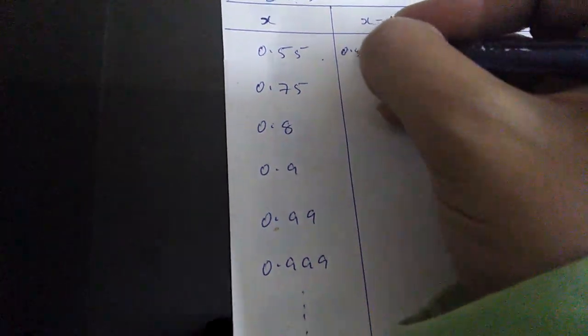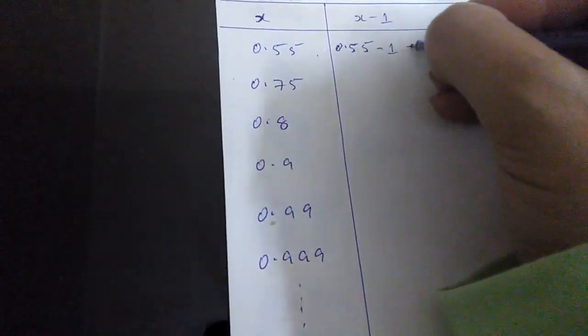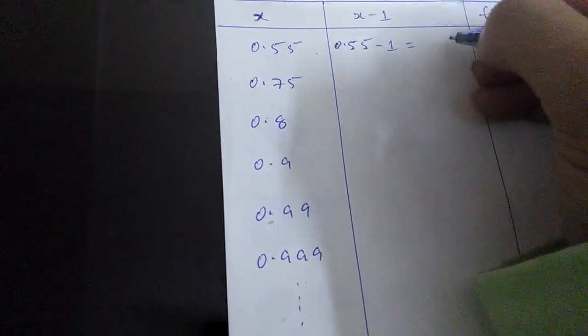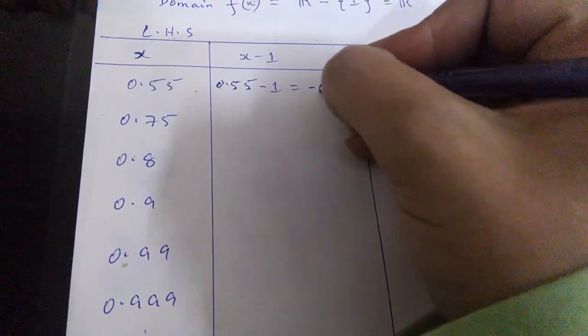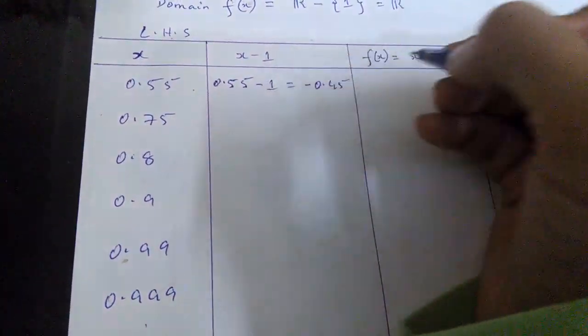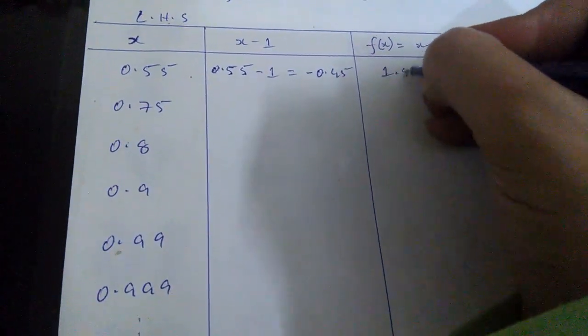So it's like that. So we take x minus 1, and it is giving me 0.45, something like that, and f of x is going to be this value plus 1, so it is 1.55.